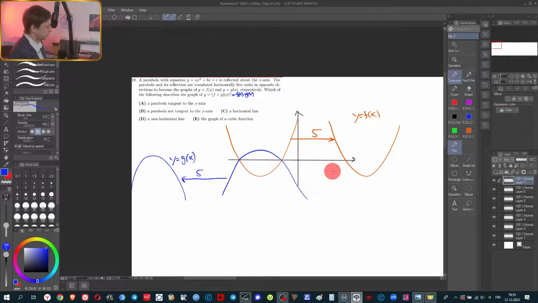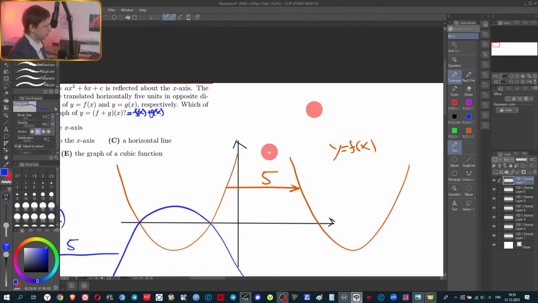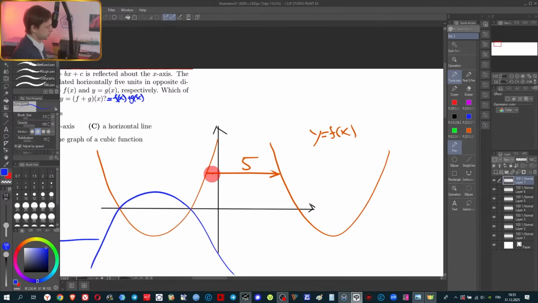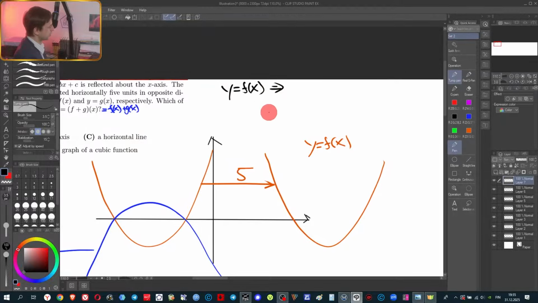And if you remember a very simple fact, what happens to the equation that describes the graph if the graph is translated, for example, 5 units to the right? If you have an equation y equals f of x, and it describes some graph, and the graph is translated 5 units to the right, then the new equation that will describe this graph will be y equals f of x minus 5.